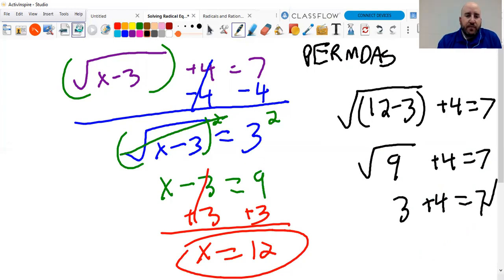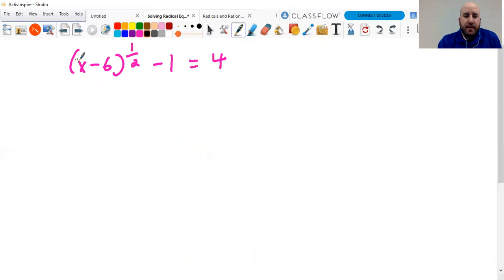All right. Next problem. X minus 6 to the 1/2 power, minus 1 equals 4. Similar problem, but instead of the square root, I have the 1/2 exponent. Got to get this by itself, so I got to get rid of -1. I add 1 to both sides.